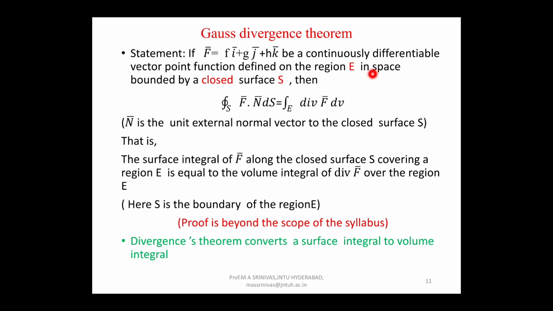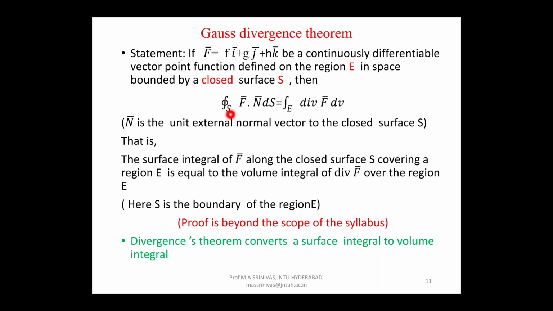So you have a solid region in space, and at every point inside the solid, this function is defined. Whenever you have a region in space, there will be a boundary which is a closed surface. Inside that closed surface, you have some region.